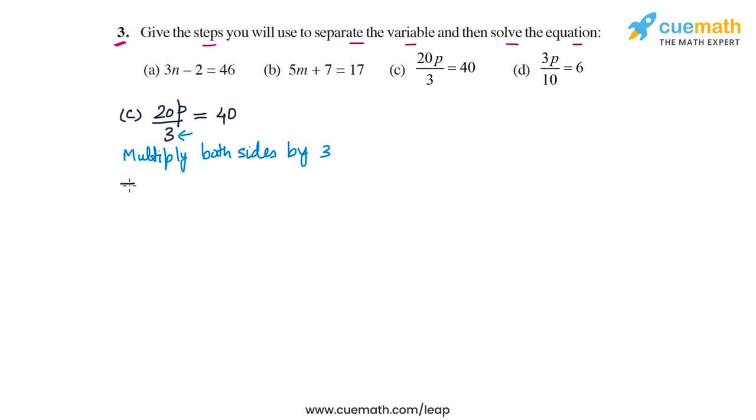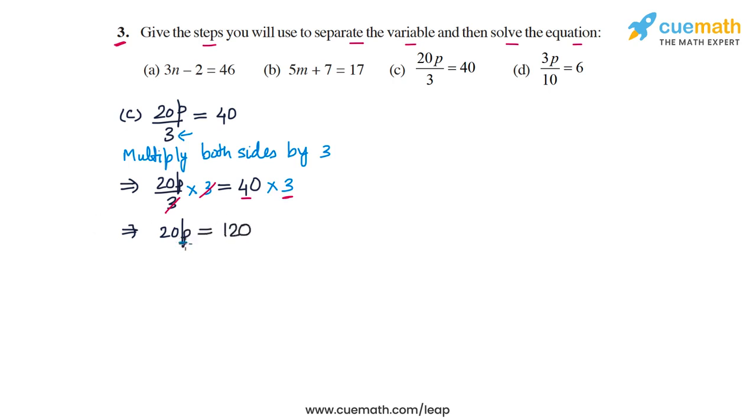So let's carry out this step. So we have 20p by 3, the original LHS, equal to 40, the original RHS, and we will multiply by 3 on both sides. So these 3's cancel out and on the RHS we have 40 into 3, that's 120. So we get the equation 20p is equal to 120.